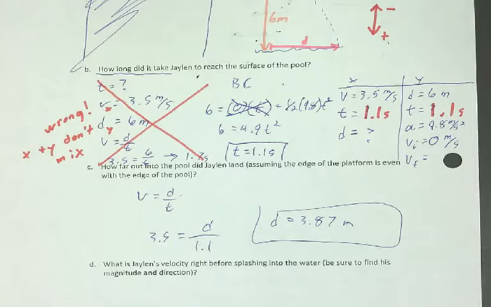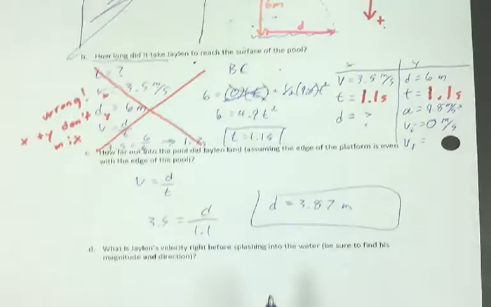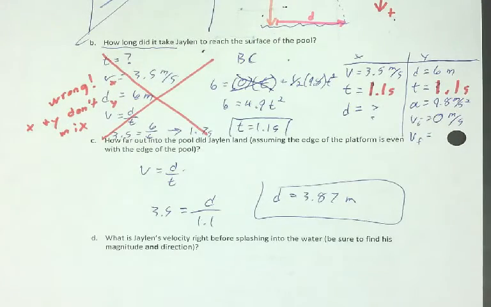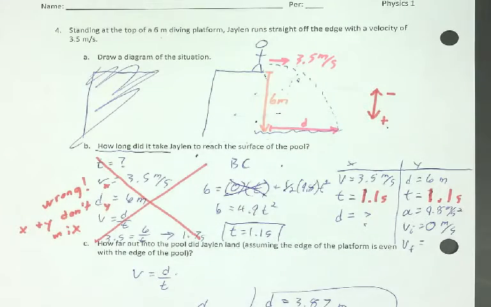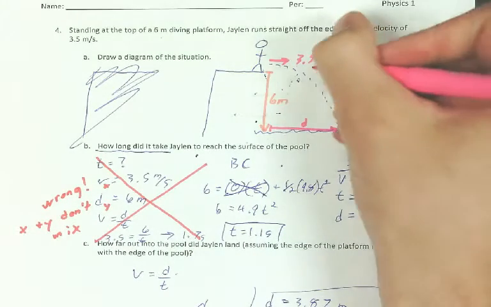All right, here we go. We are almost done. So last thing we need to do is figure out Jalen's velocity right before splashing into the water. So what I note about Jalen's motion is that they're going forward.